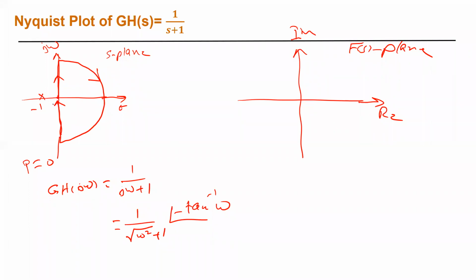This corresponds to omega equal to 0. So G of j0 equals 1 in the magnitude and 0 in the angle. So it is on the real axis.